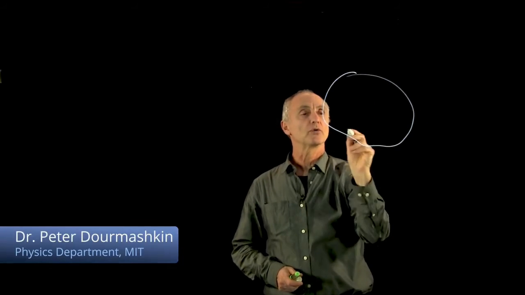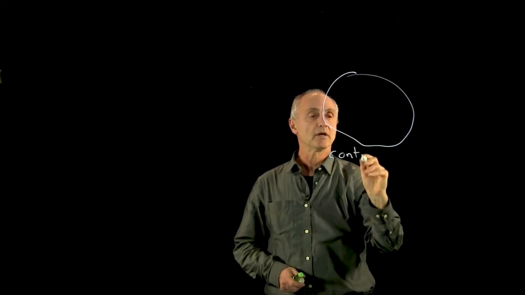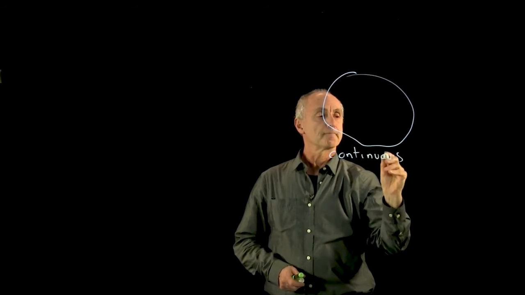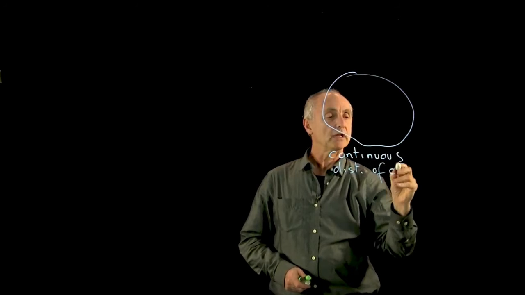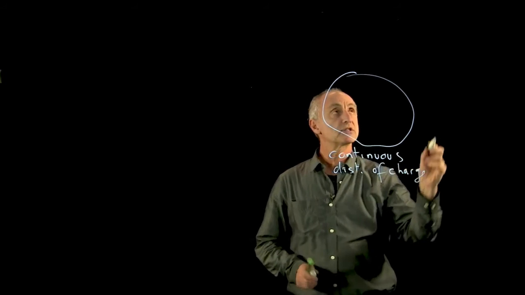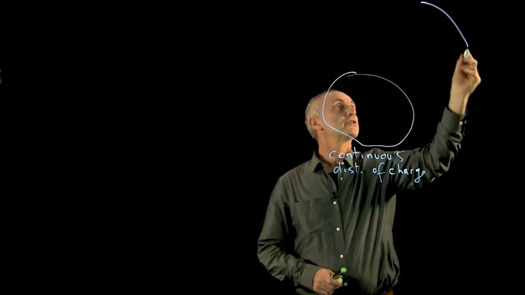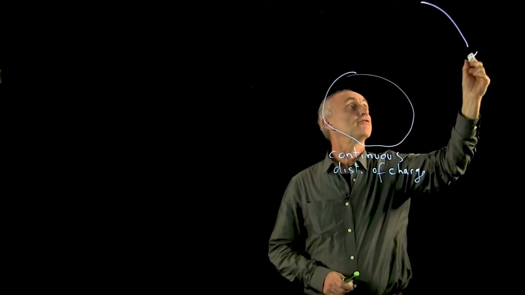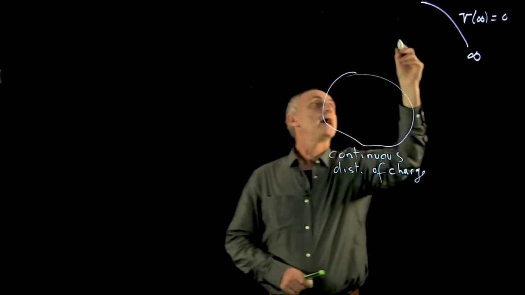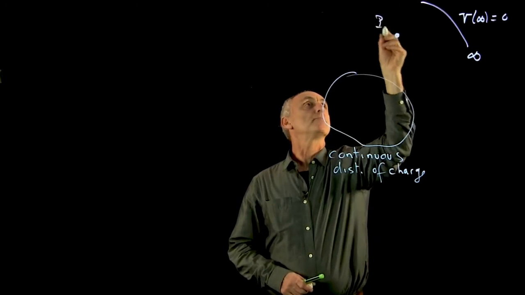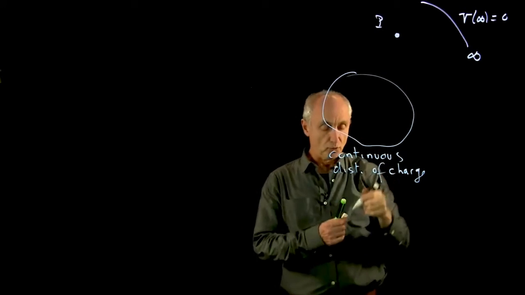Let's now look at some continuous distribution of charge. So here we have a continuous distribution of charge. And what I'd like to do is to be able to determine the potential difference. Now, I'm going to consider this to be infinity, where I'm choosing a 0 for my potential, and the potential difference at some point P between these 2 points.